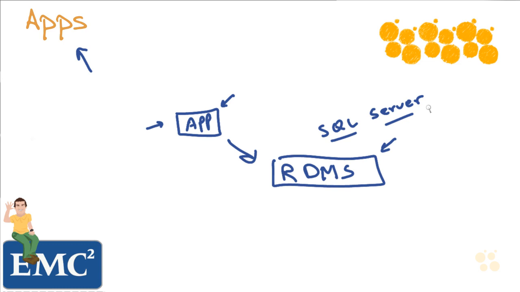And this is another product that you can find extensive training on here at CBT Nuggets. So the app runs against the data stored in the relational database management system, which of course hits our storage.